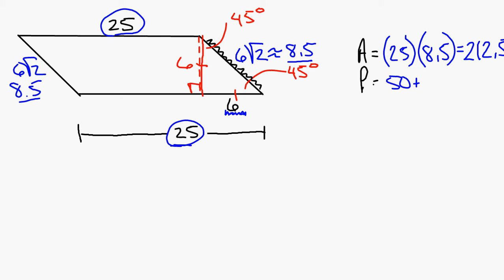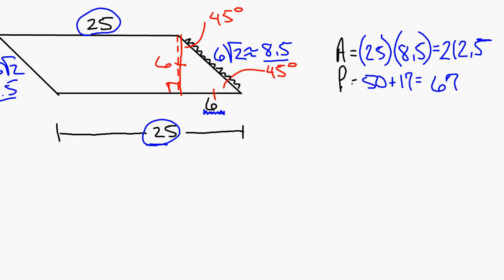And 50 plus 17 is equal to 67. Okay, so that kind of goes back to what you've been seeing. The information that you need to solve the problem is in the picture, but it's in there indirectly.